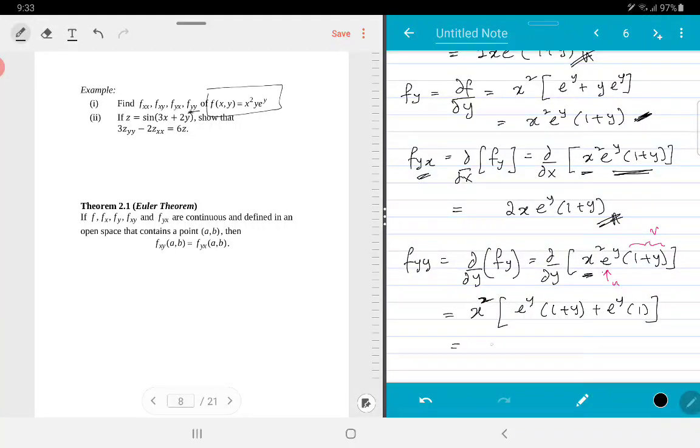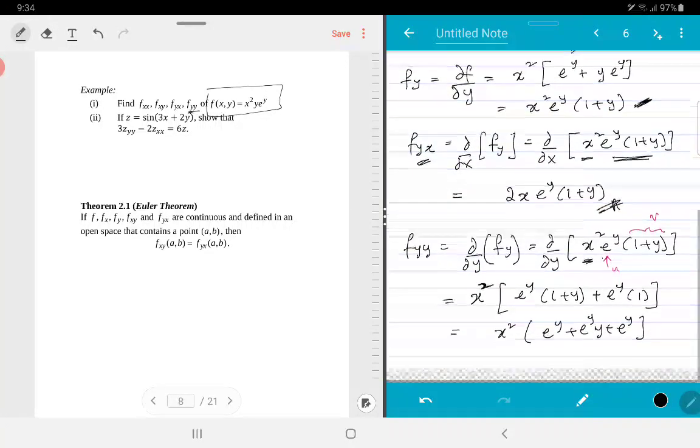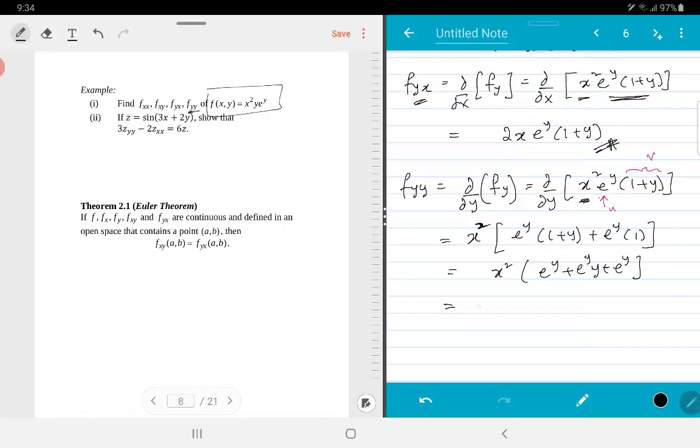Then we can factor e^y out. This would be e^y plus e^y times y plus e^y, so we have 2e^y there. Factor e^y out, we get 2 plus y. So that is fyy.